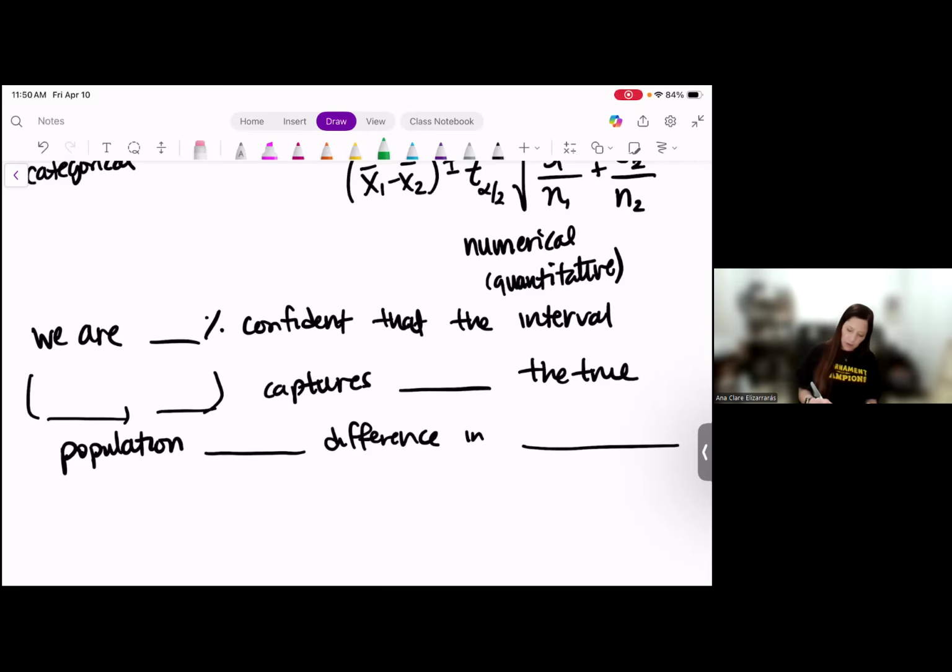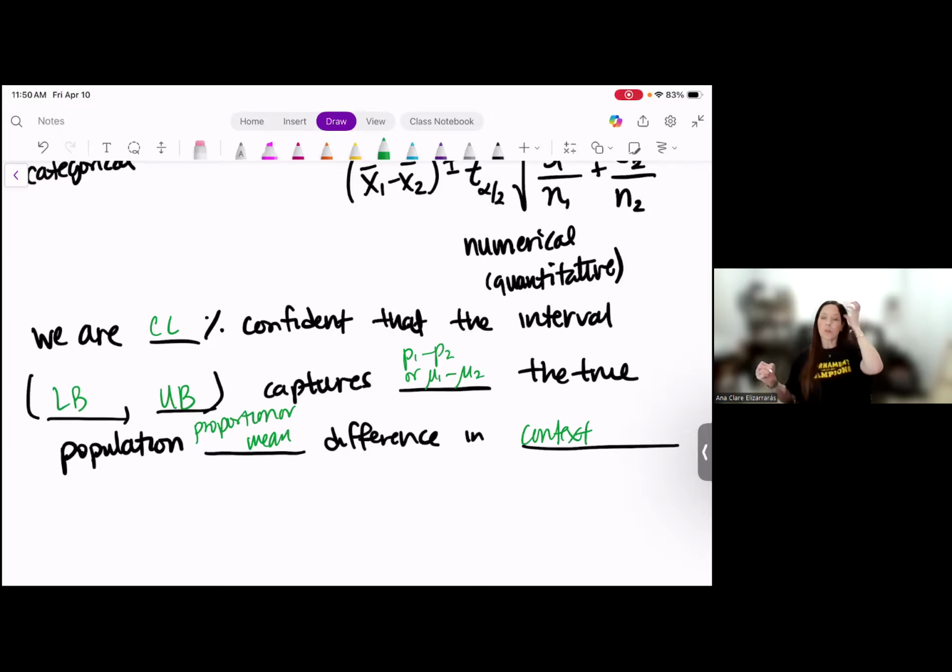So again, this is your confidence level. This is your lower bound, your upper bound. This is your either p1 minus p2 or mu1 minus mu2. And this is proportion or mean. And this is your context.